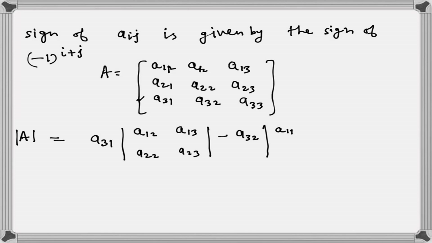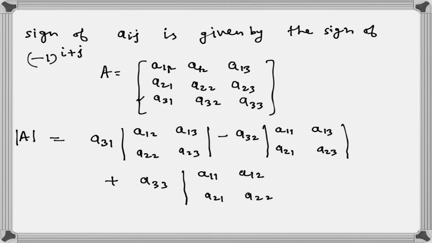We get a11, a13, a21, a23, and then the third entry a33. 3 plus 3 is an even number, so we delete the third row and third column, and we get a11, a12, a21, a22. So in a similar way we can calculate the determinant of any matrix by considering any row and any column.